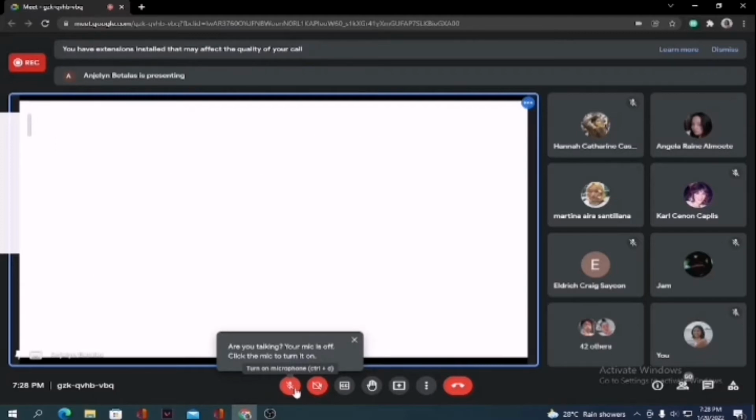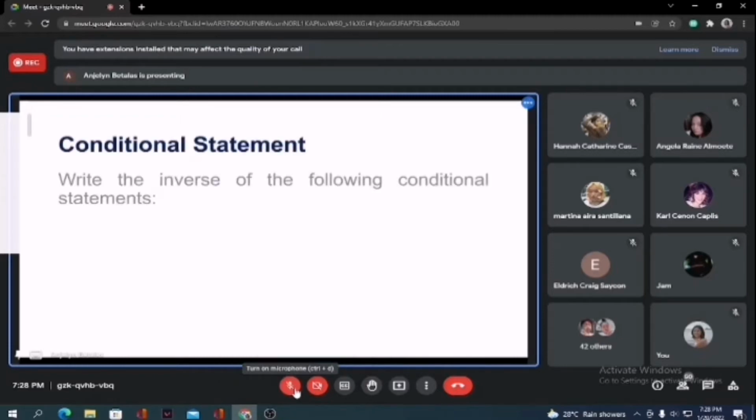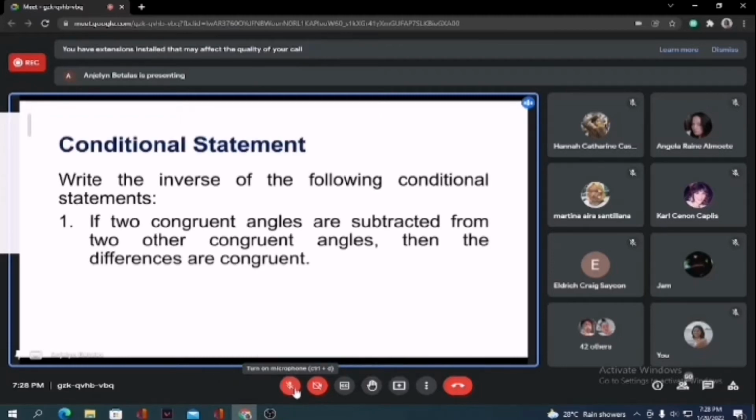Okay. Next. Conditional statement. If two congruent angles are subtracted from two other congruent angles, then the differences are congruent. Anybody?